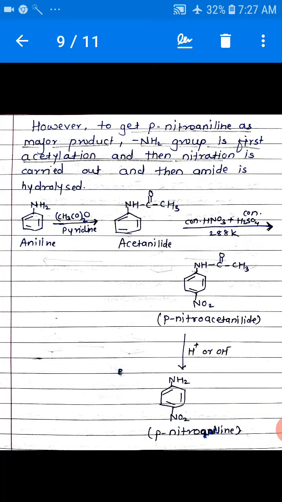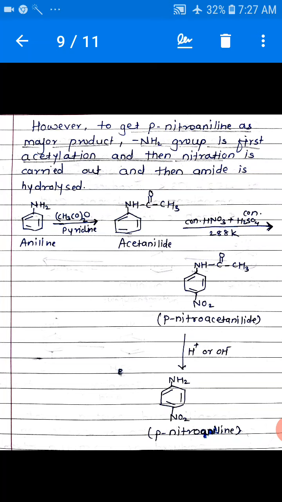However, to get the para-nitroaniline as the major product, NH2 group is first acetylated and then nitration is carried out and then the amide is hydrolyzed.